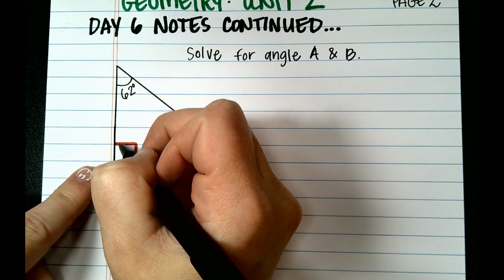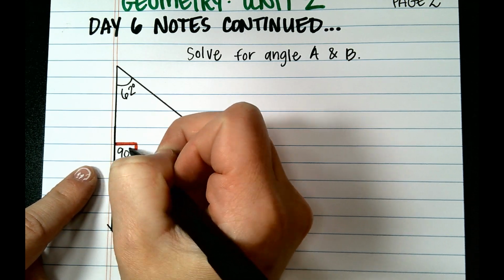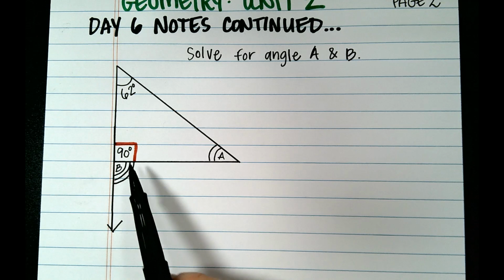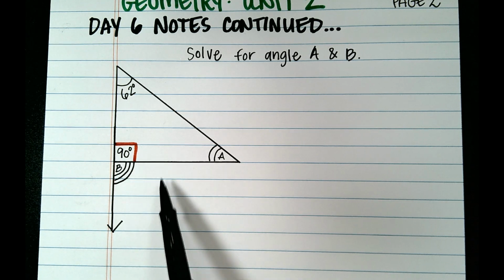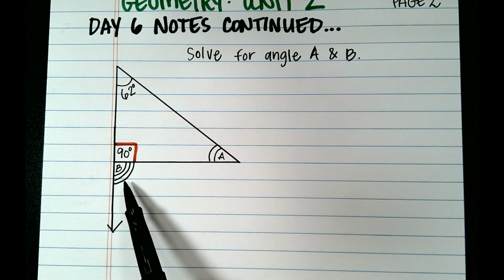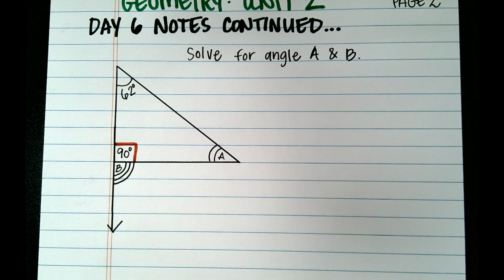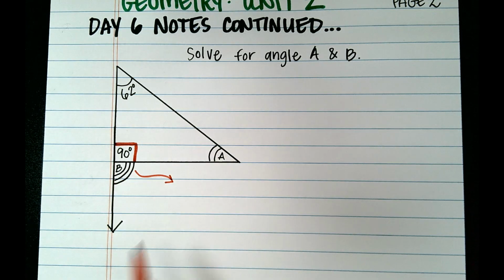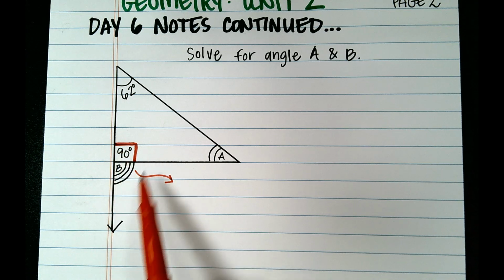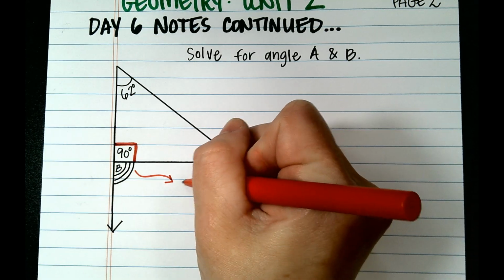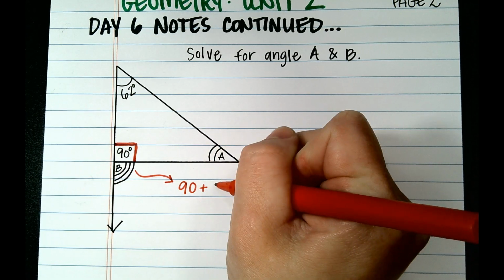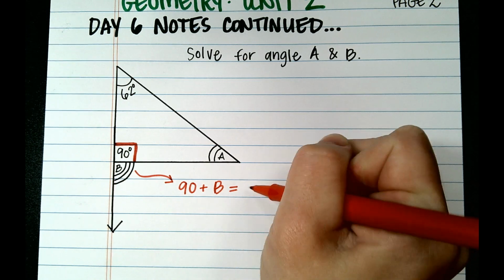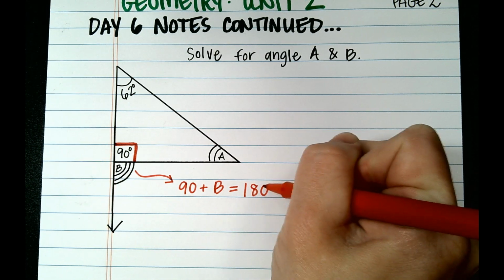Since this is 90 degrees, write that in, I know that 90 plus 90 is 180. If we wanted to write this out as an equation, here's how we could do it. I know that 90 plus B equals 180.